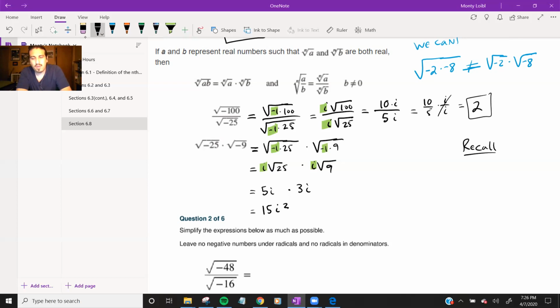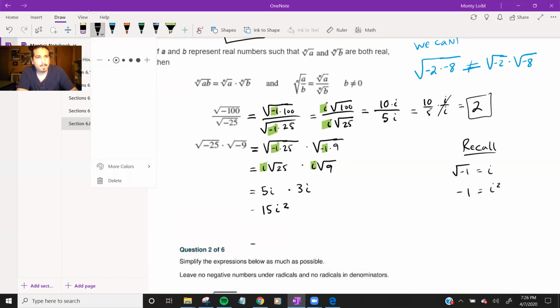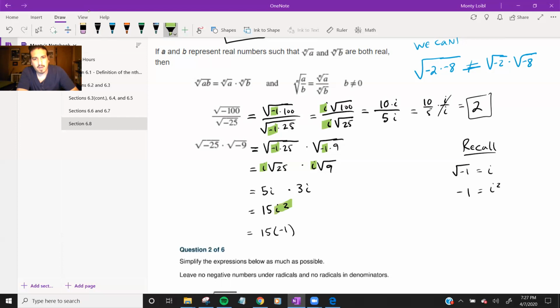Remember that the square root of -1 is i, and we also know that i squared is equal to -1. So actually, this is going to equal -15. Or here, let's do it like this: 15 times -1. Again, this i squared is now -1.